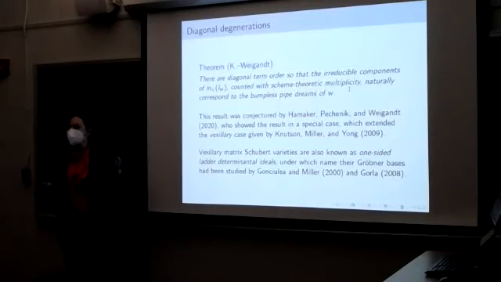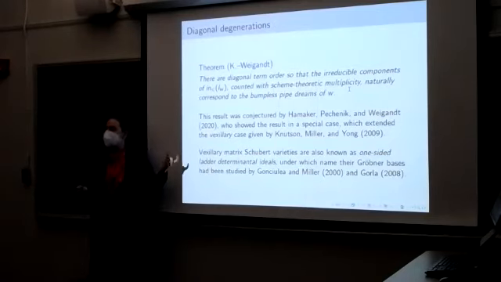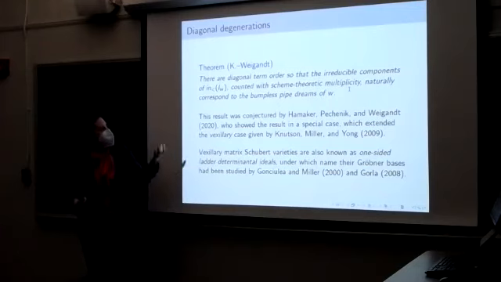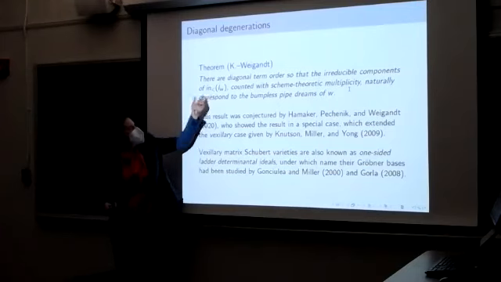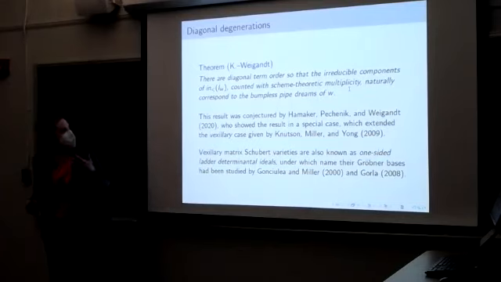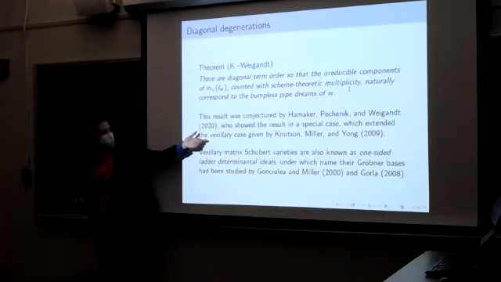The theorem is that this is not just a matter of the example being small, but indeed we can always find a diagonal term order so that the irreducible components of the initial variety, counted with scheme theoretic multiplicity, naturally correspond to the bumpless pipe dreams. This was conjectured by Hamaker, Pechenik and Weigandt, and there were a couple of special cases in the literature.